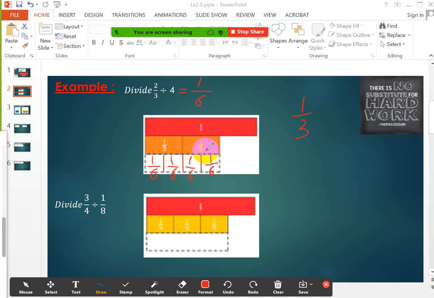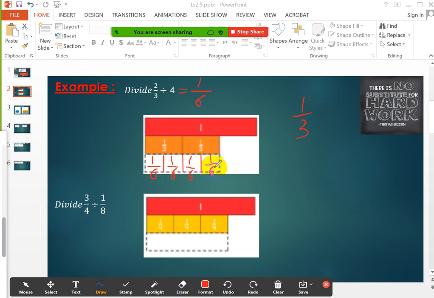This is the space. I want to divide this space into 4 equal parts. So I will divide it like this into 4 equal parts. That means each 1 over 3 I will divide into 2 parts.